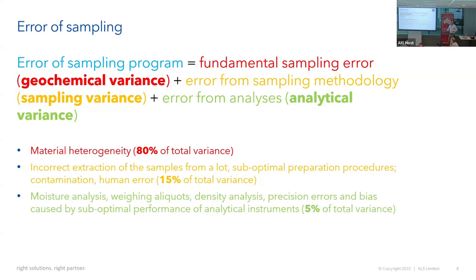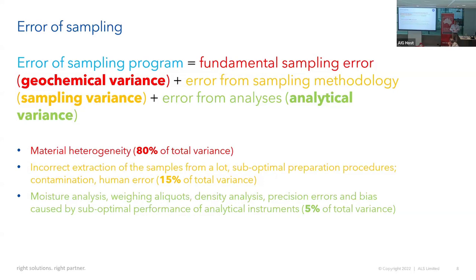Just quickly, error of sampling. Your error of sampling program is a combination of that fundamental sampling error, that geochemical variance which relates to material heterogeneity. And some workers have suggested that represents up to 80% of the total variance. Error from sampling methodology, or that sampling variance, up to 15%, and that's incorrect extraction of the samples from the lot, suboptimal preparation procedures, contamination, bit of human error.